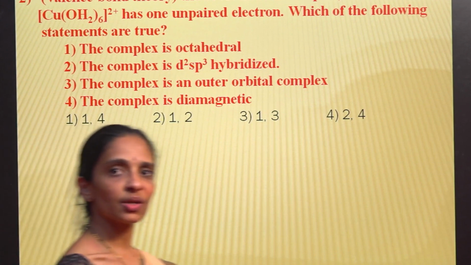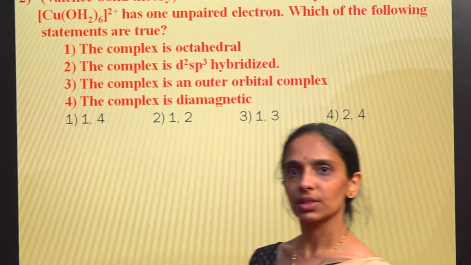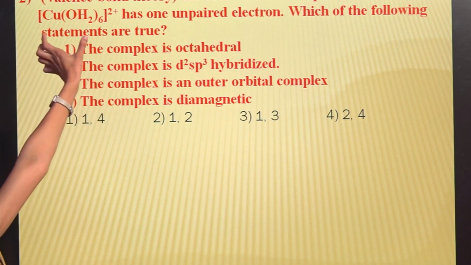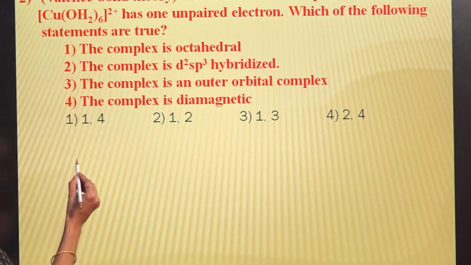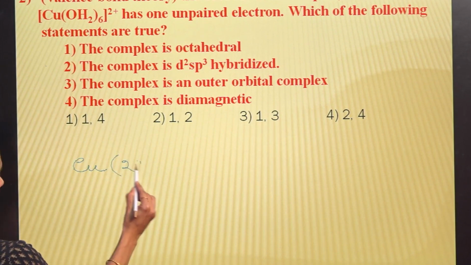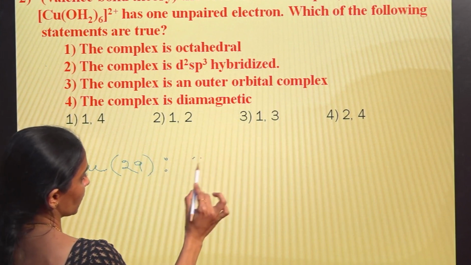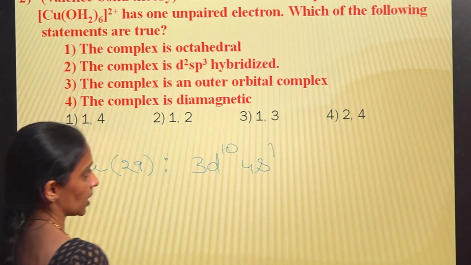This is a question on valence bond theory. They have given you a complex. In the complex, you have got the central metal copper. You know very well it has the atomic number 29 and the outer configuration will be 3d10 4s1.